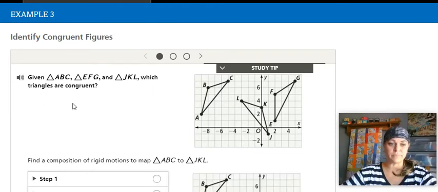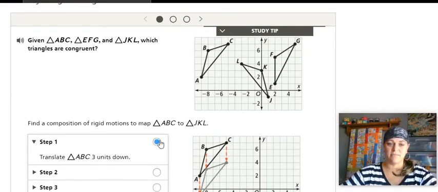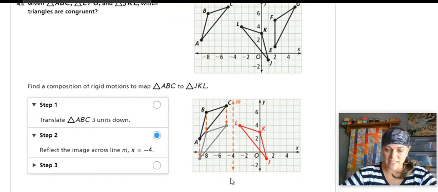Let's see what they do. Step 1, translate 3 down. So they're going to take this triangle, it's 3 down. And then it looks like they're reflecting, so it even tells you reflect across this line, x = -4. So if I end up here and go here, hey look, LKJ, this one worked.